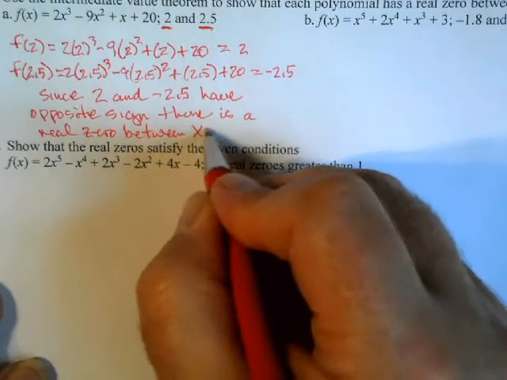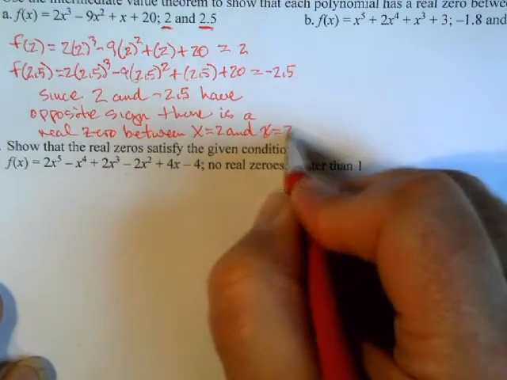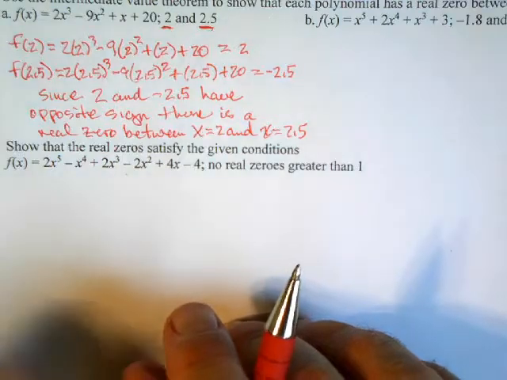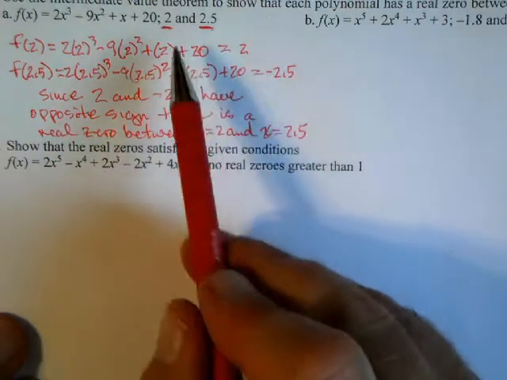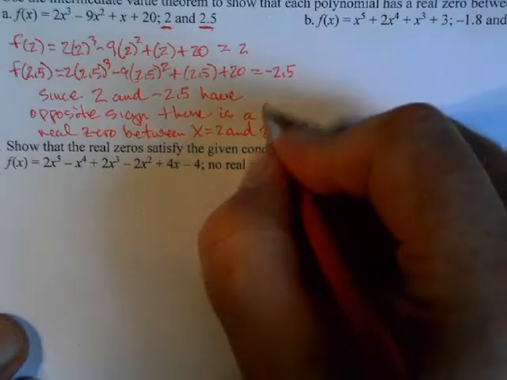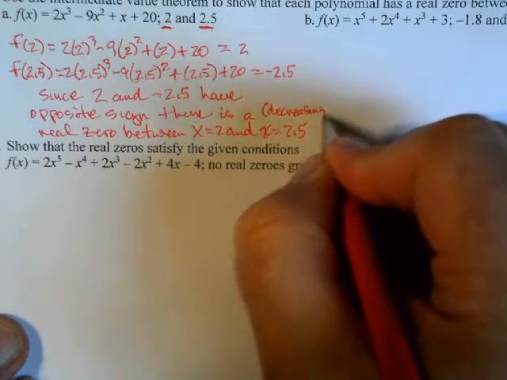And so that's the idea. And basically what's going on, as we can see, since I went from 2 to negative 2.5, it was decreasing. So I went from 2 down to negative 2.5, so I had to cross 0 in between them.